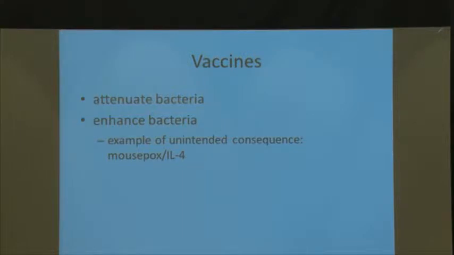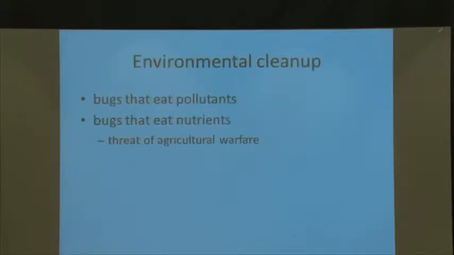And in fact it did, but what they also found was that mice who were immune against mousepox would still become infected and die if you infected them with this virus. In other words, it made the virus hyper-virulent such that animals that were vaccinated or immunized were no longer protected against that virus. And so you can imagine using this sort of thing in a human situation.